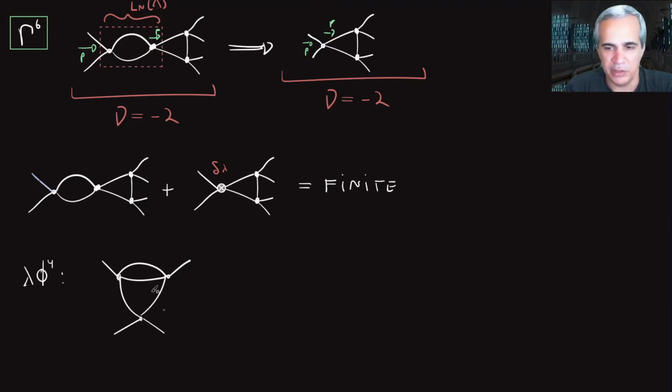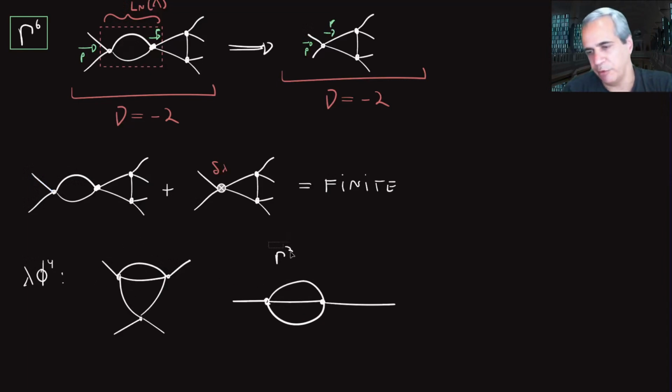So we know the superficial divergence is, in this case, 0. So this is a divergent diagram, but we want to know if there's a new divergence showing up here. Another example is this one. Just the setting sun diagram for lambda phi 4. It's the 2-loop contribution to gamma 2, the self-energy, and this is the 2-loop contribution to the 4-point function.